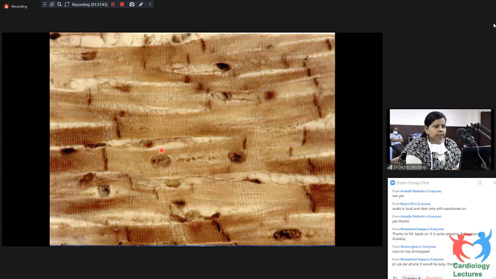This is the parietal pericardial layer lined by mesothelial cells, and there is a fibrous tissue, and this is the visceral pericardial layer over the myocardial cells, and this is the inner surface.